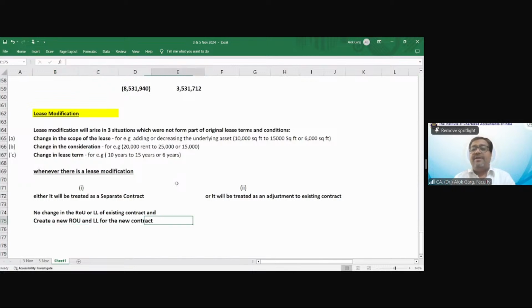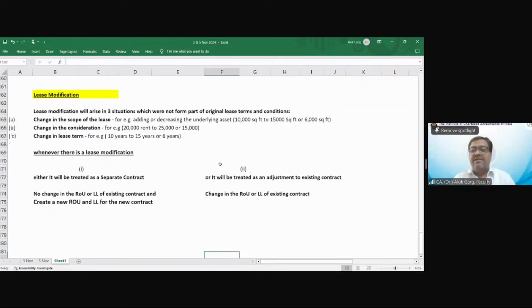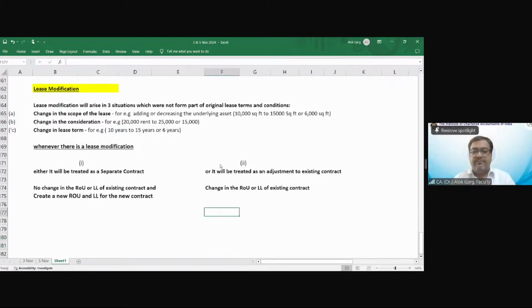But if it will be treated as an adjustment to the existing contract, then what will happen? Then there is a change in the ROU or lease liability of the existing contract. Right?